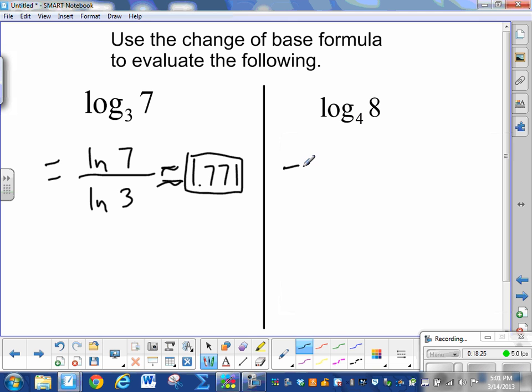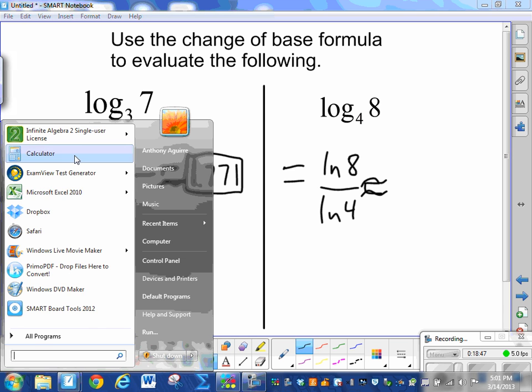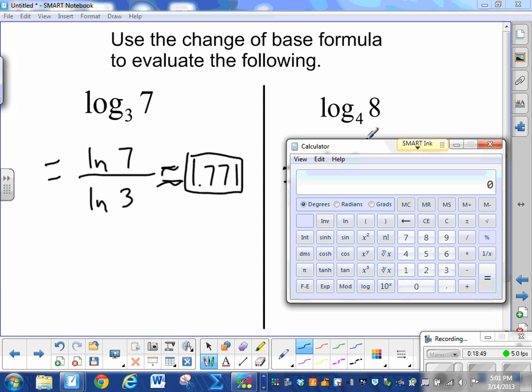Same thing here. You can use log base 10, the common logarithm, or ln. I'll just keep using ln. ln of 8 over ln of 4. Remember the 8 already looks like it's on top. It may be an approximation, not exact.